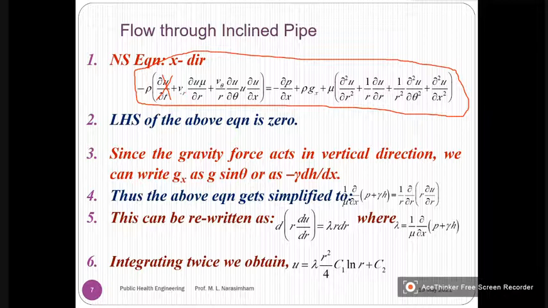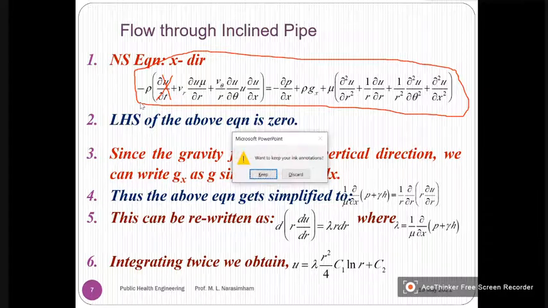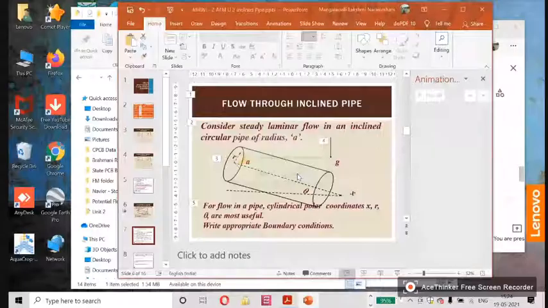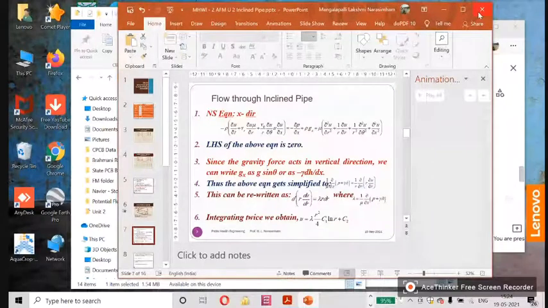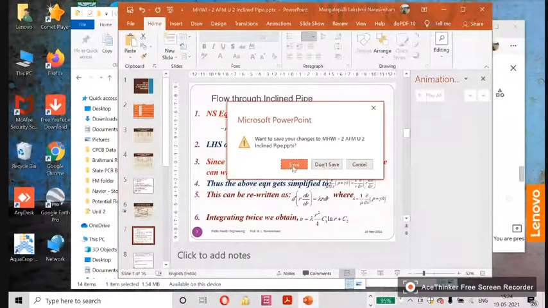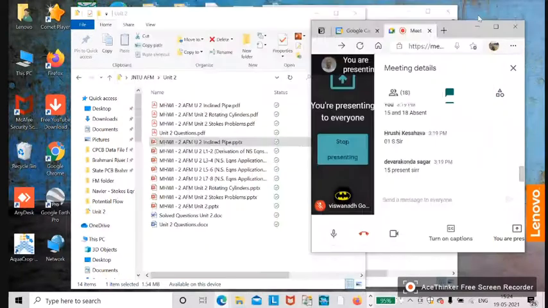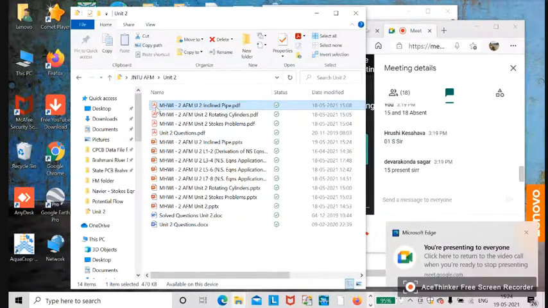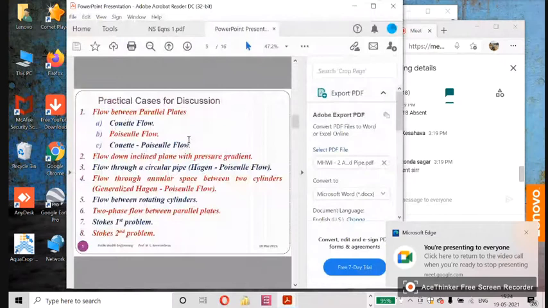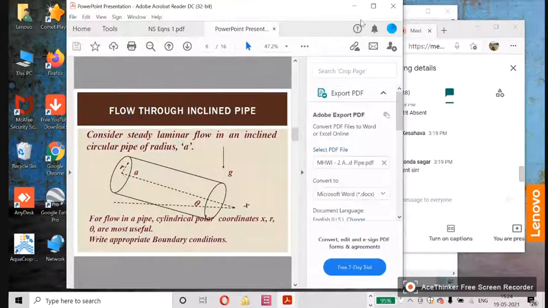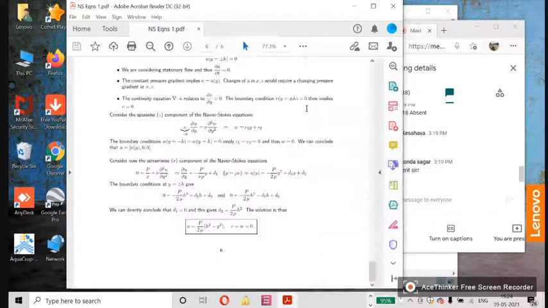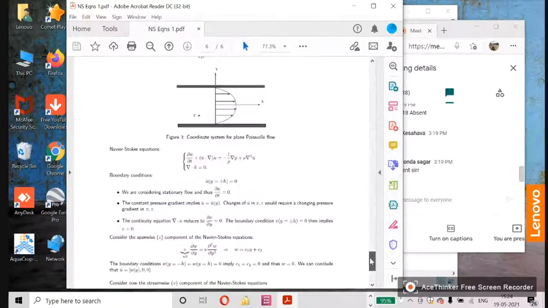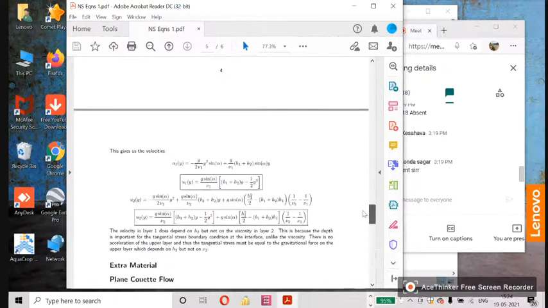One minute. See, there is a small problem here. The same thing. So there is a small mistake here. I have forgotten to correct it.